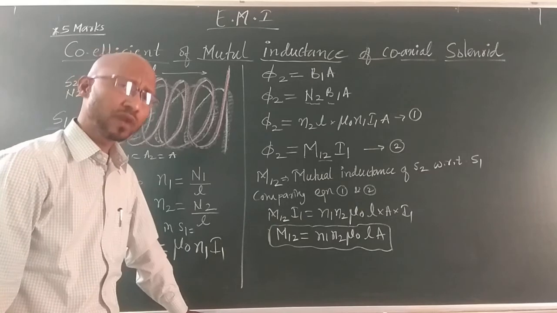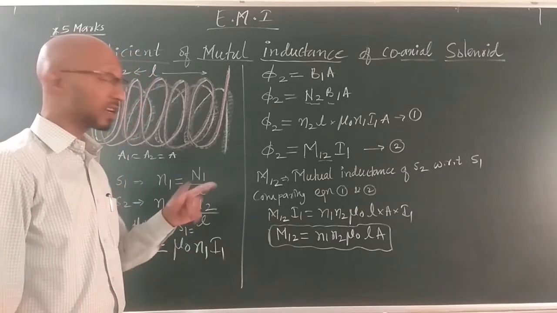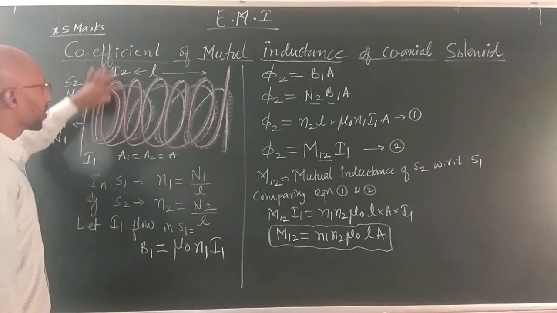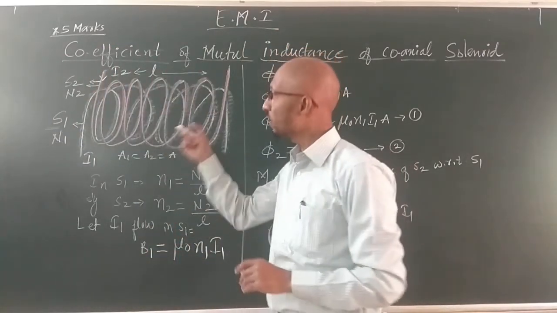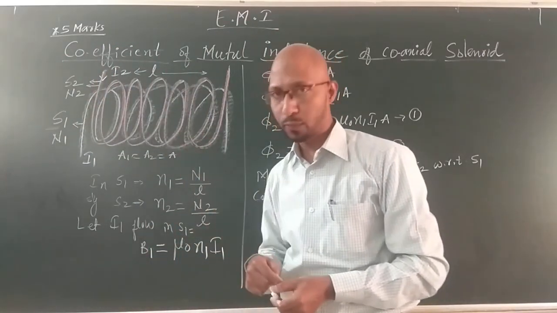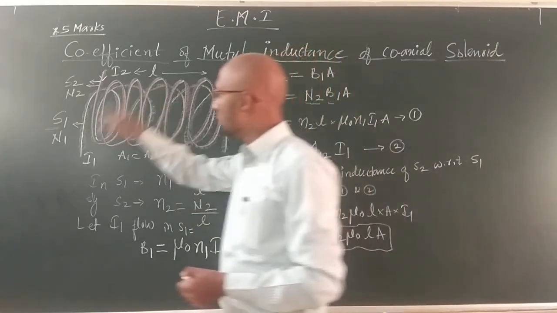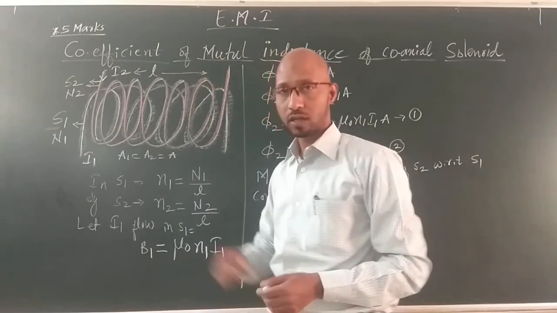Now let us assume that I2 is a current flowing in the second solenoid. Once again a magnetic field will be produced in the second solenoid, and this magnetic field will generate a flux in the first solenoid.